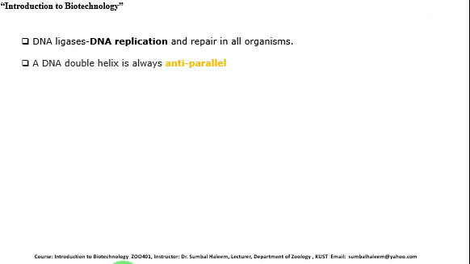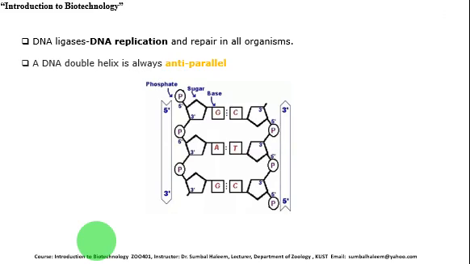In other words, one strand runs in 5' to 3' direction while the other runs in 3' to 5' direction. Here you can see in the diagram that if one strand runs in 5' to 3' direction, the other strand will run in 3' to 5' direction.